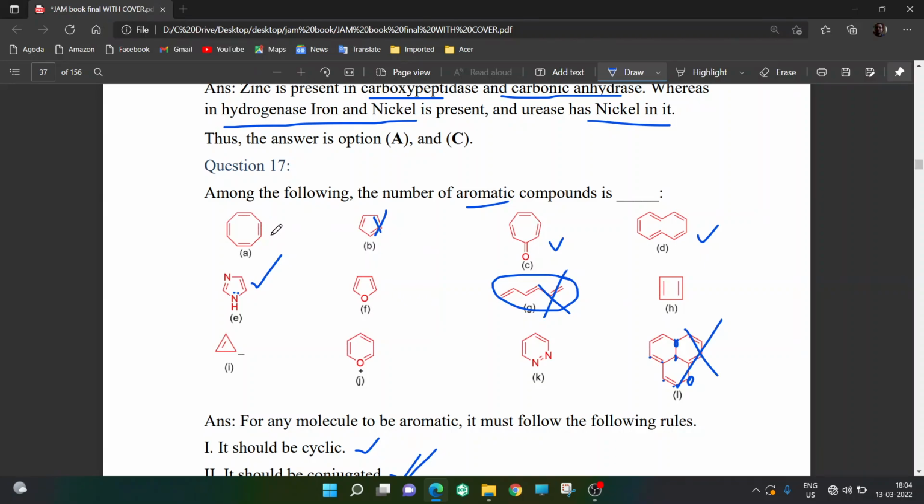And how can we know this? When a system is aromatic, something like benzene, if you measure the bond length between any two carbon atoms, you will see that the bond length is the same. So this bond length and this bond length are the same. That means there is no alternate single and double bond, but it is conjugated, it is all overlapping, and therefore they are all equal.